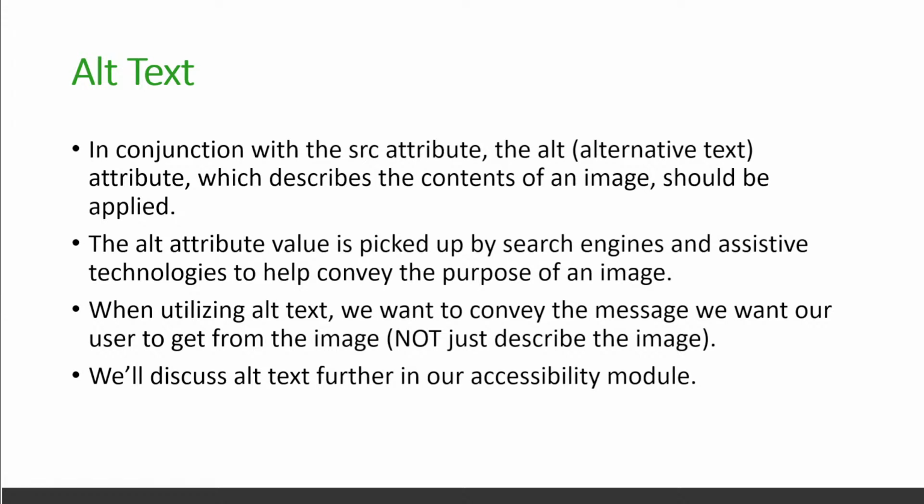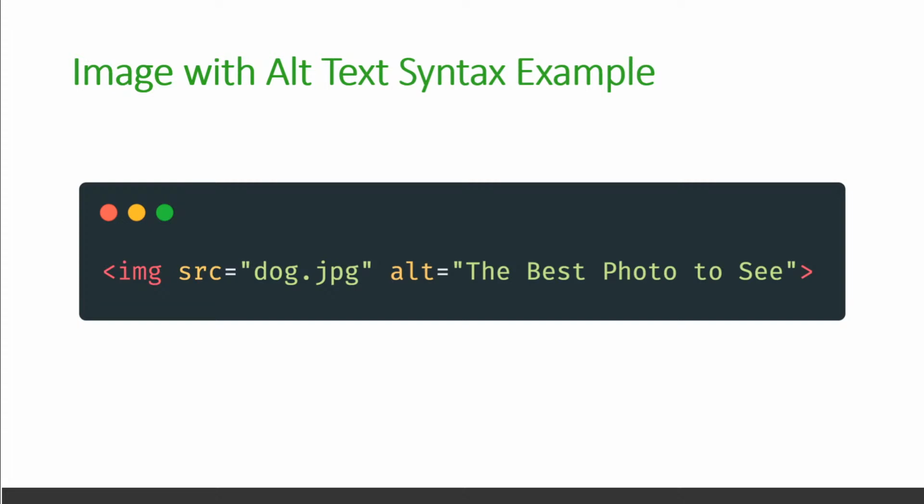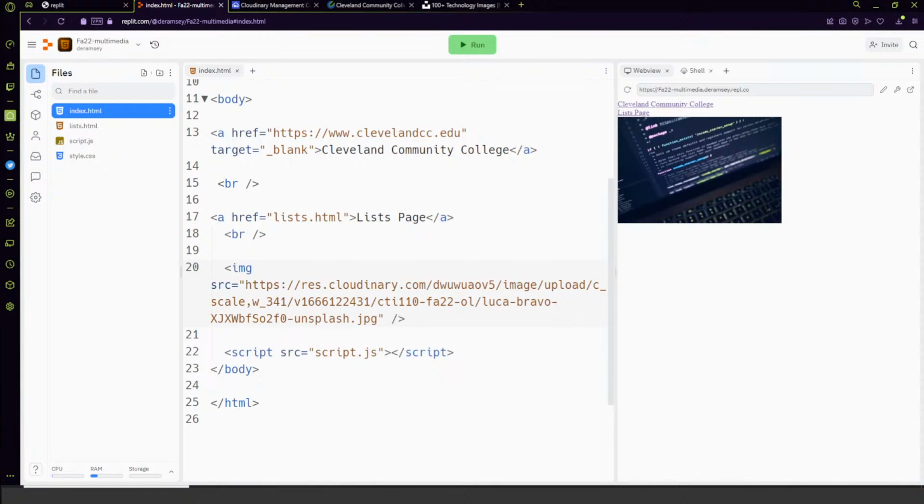And in future classes, we go way deep into accessibility, which is what this is all about. An example of alt text would look like this: we see alt equals, and then in quotes, the message that we want to convey.